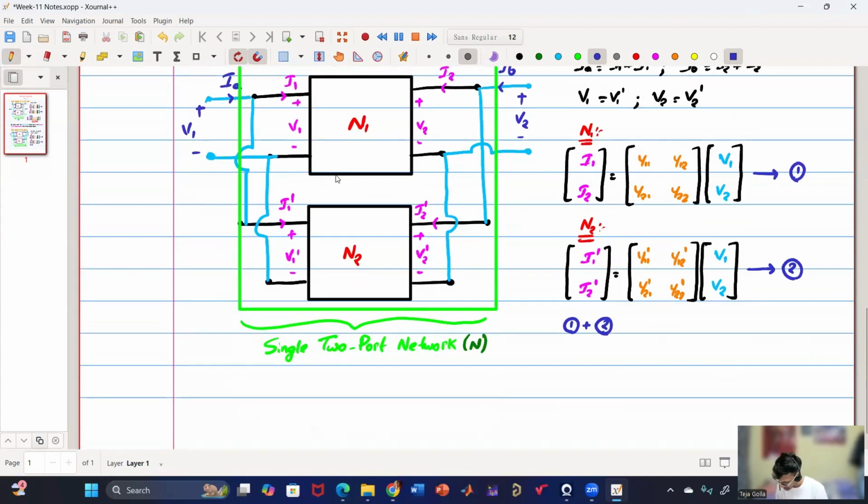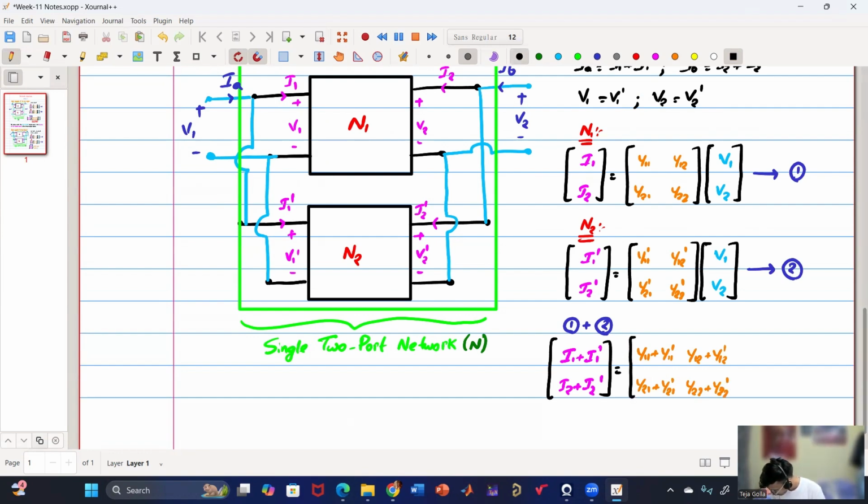So we'll have IA, or I can say I1 plus I1 dash and I2 plus I2 dash, which are my new currents for the new network, equals the summation of these Y parameters: Y11 plus Y11 dash, Y12 plus Y12 dash, Y21 plus Y21 dash, Y22 plus Y22 dash, into the common voltages V1 and V2.